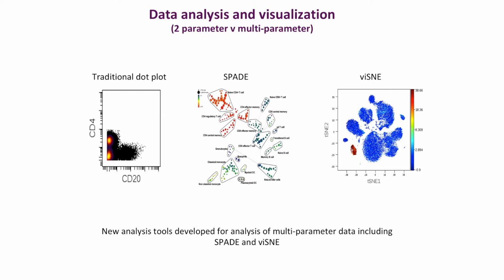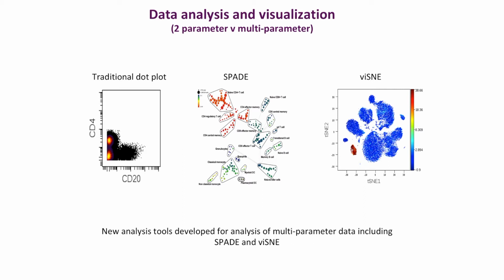So the data analysis is a very important element of your experiment, because as I said, you can use from 35 to 40 antibodies in your sample, and of course you would have quite a lot of information at the same time.